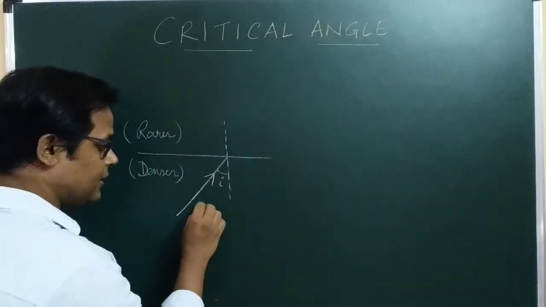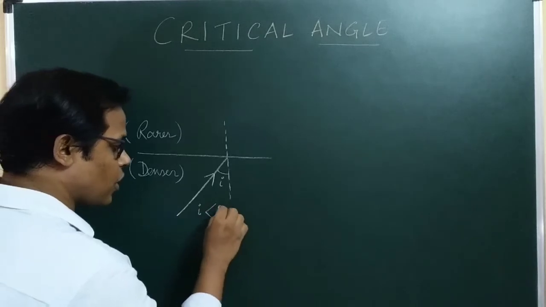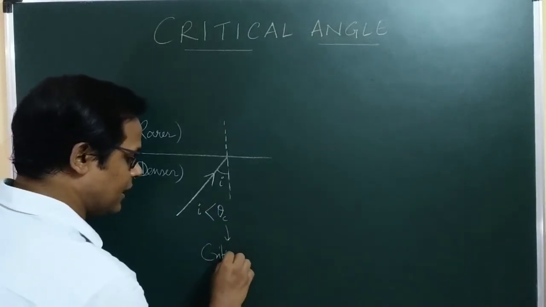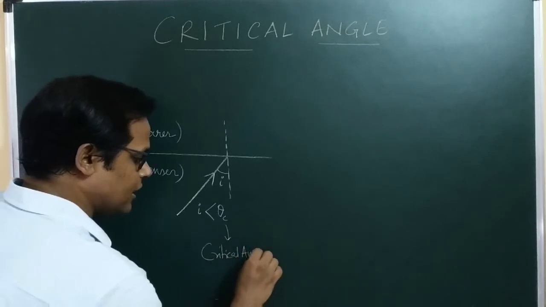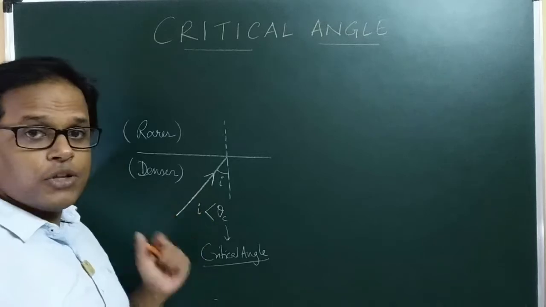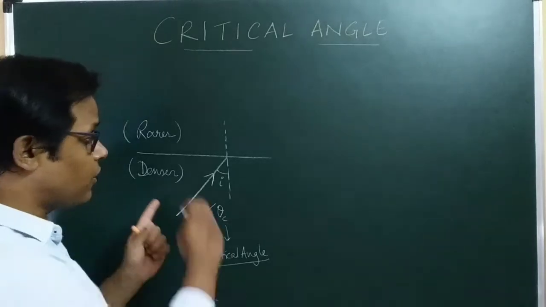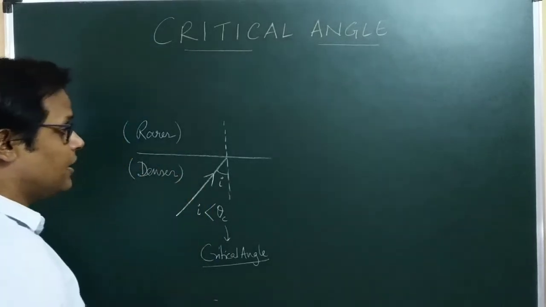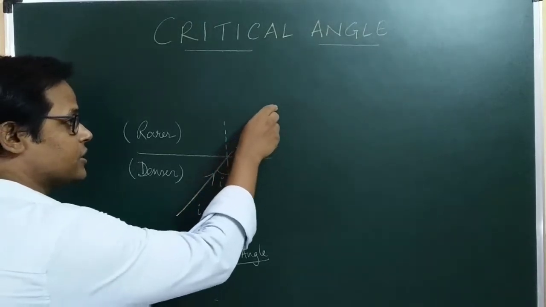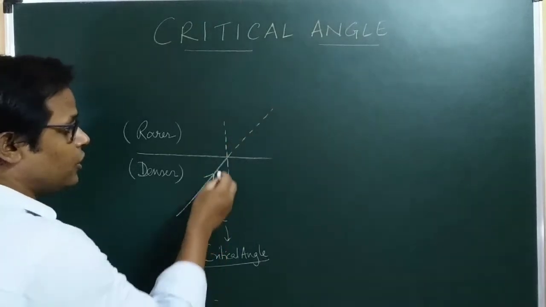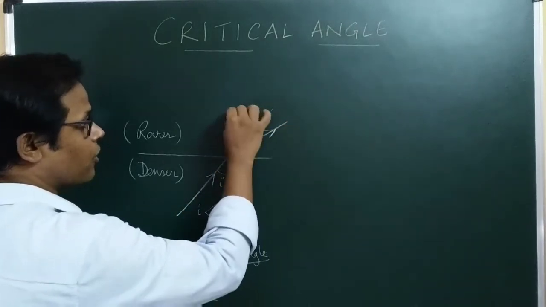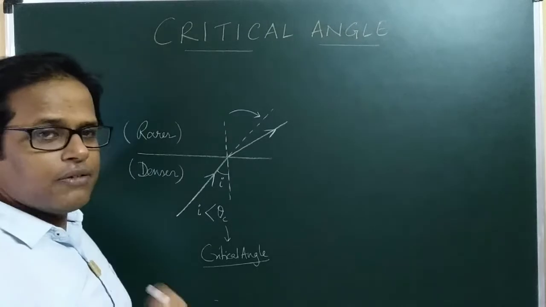and if the angle of incidence i is lesser than theta c, where theta c represents the very important critical angle of incidence for this given pair of medium, then this ray of light, instead of going in its original straight path, would speed up and start bending away from the normal, which we very well know.